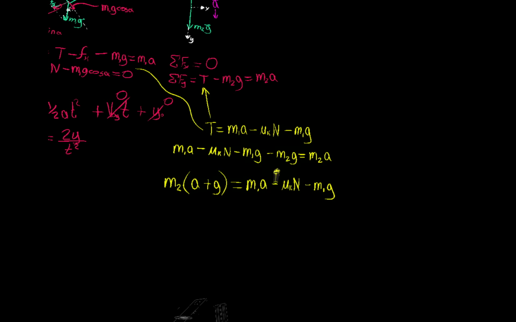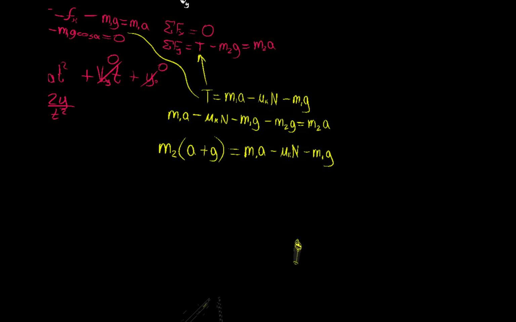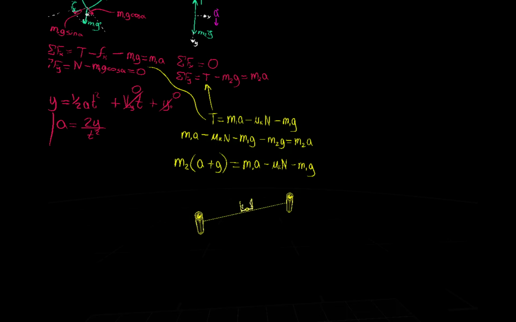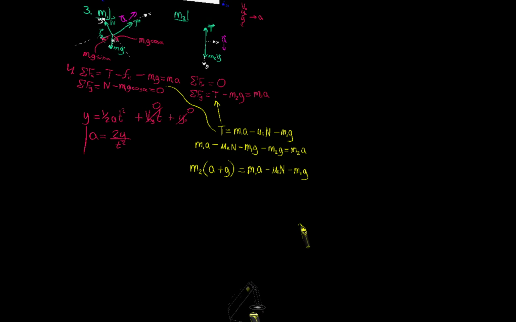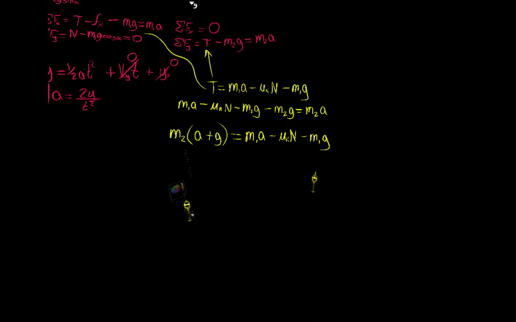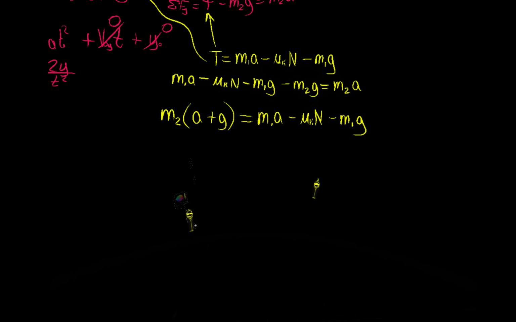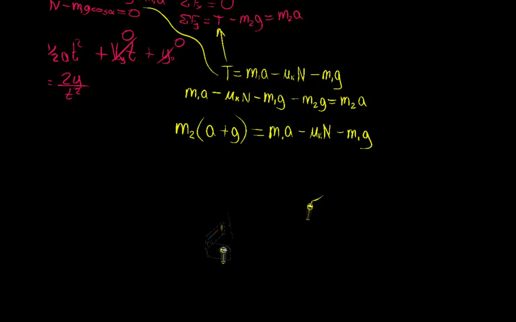Minus m2g. M1g minus m2g. Alright. I can't find what I did wrong, but I may not have made a mistake like before. I thought I did something wrong.